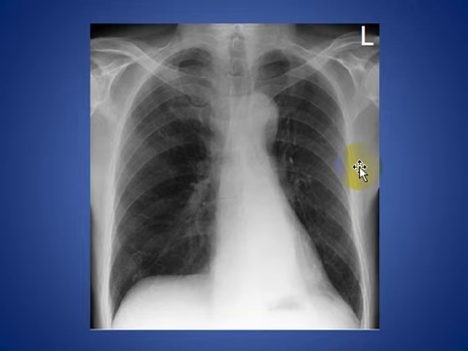Here another case. What you see, try to find the abnormality. Here we see the heart shadow, and there is a retrocardiac opacity obliterating the descending aorta, also obliterating the medial portion of the left hemidiaphragm, or silhouetting of the medial portion and the descending aorta.